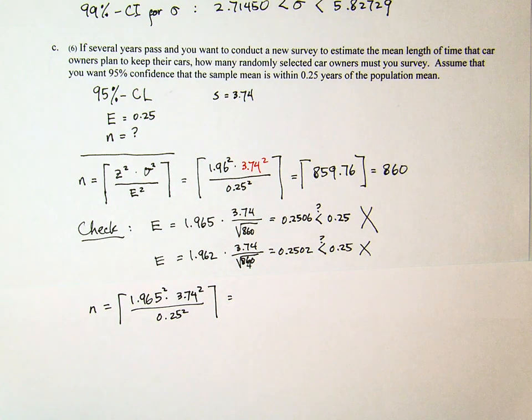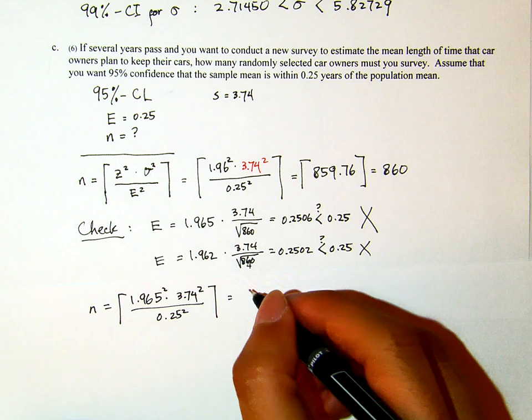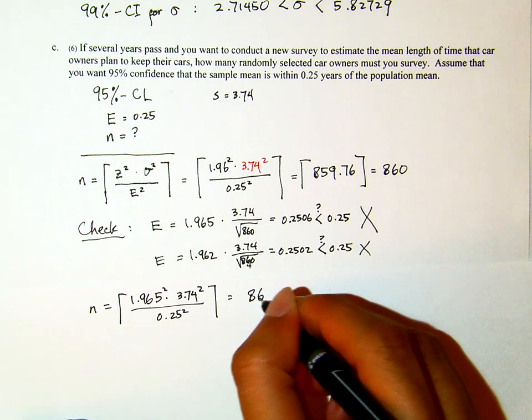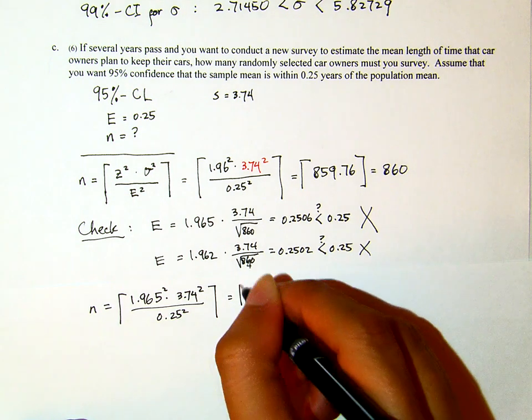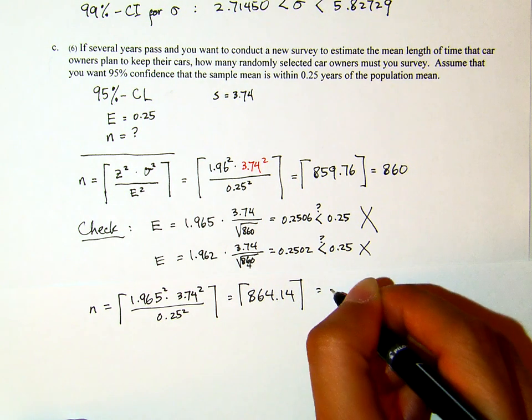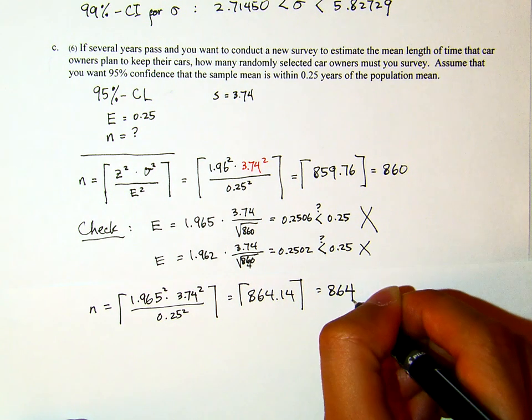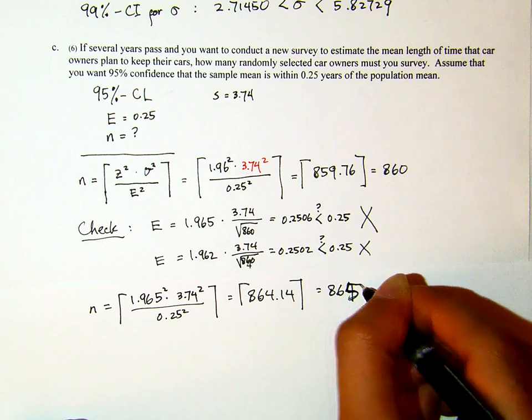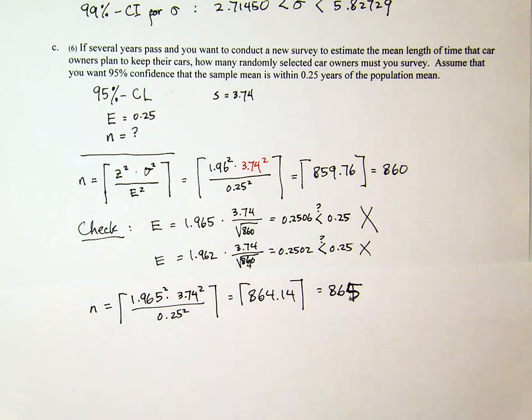Now 1.965 squared times 3.74 squared divided by 0.25 squared gives me 864.15. Now this may be an overkill, but well, this will be a reasonable one, right?